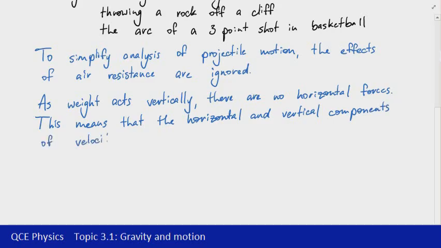So that means that we can simplify the analysis of projectile motion even further by considering the two motions separately, the horizontal and the vertical. So if we extend that to look at the motions in general, the horizontal and vertical motions can be treated separately.